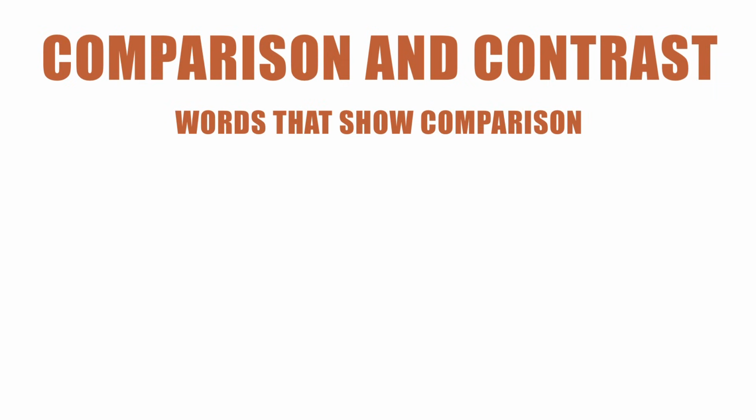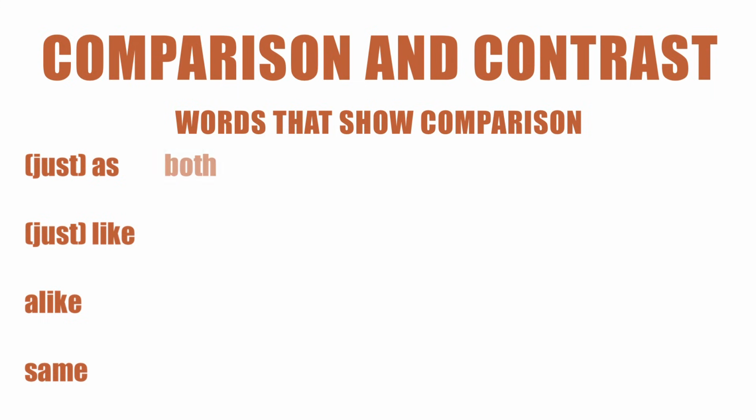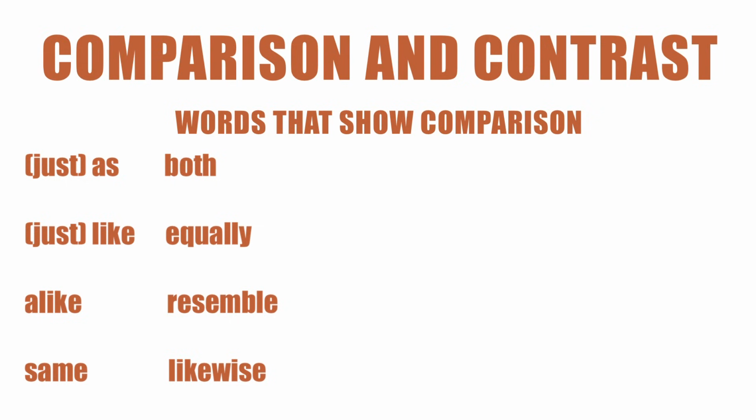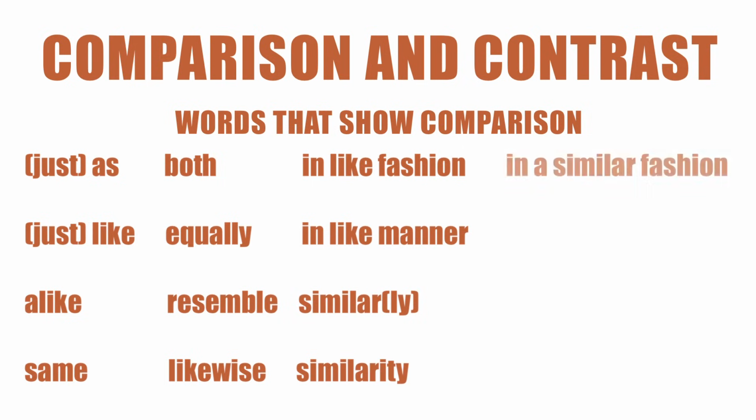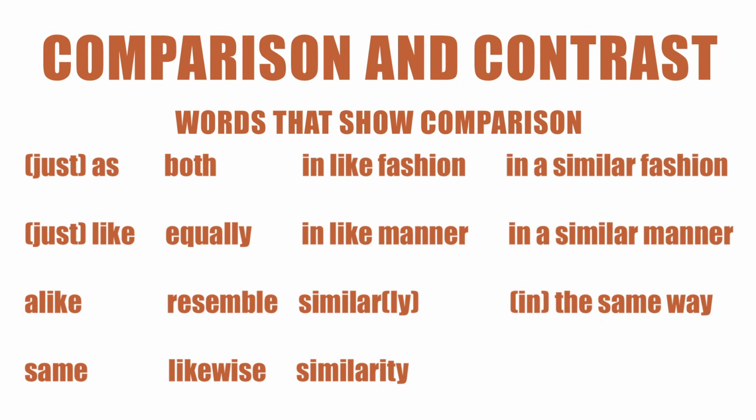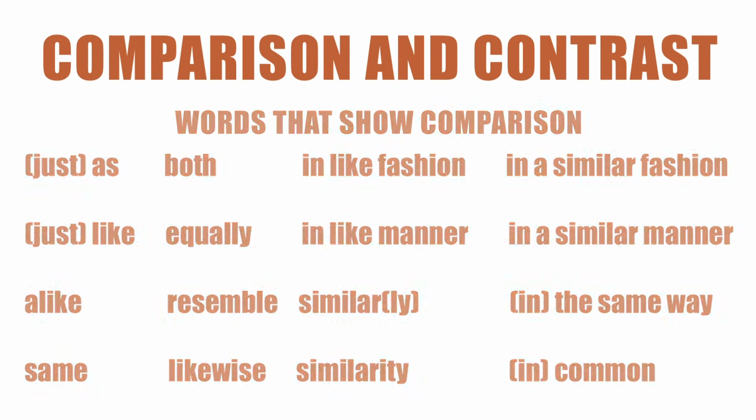Here are some common words that show comparison: as or just as, like or just like, alike, same, both, equally, resemble, likewise, in like fashion, in like manner, similar or similarly, similarity, in a similar fashion, in a similar manner, the same way or in the same way, common or in common.